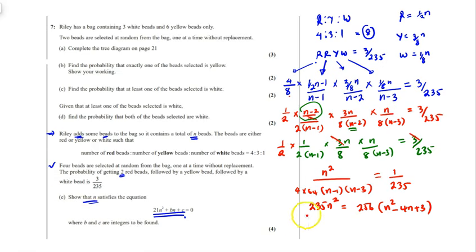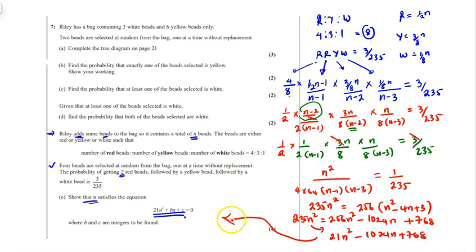I'll do it again without moving things around. Now move everything to one side, so you have 21 n squared minus 1024 n plus 768. This is what they're looking for.